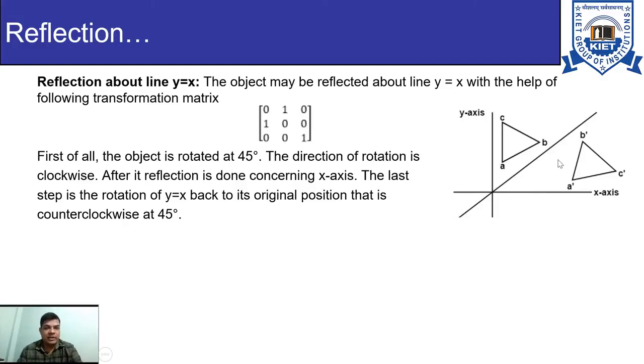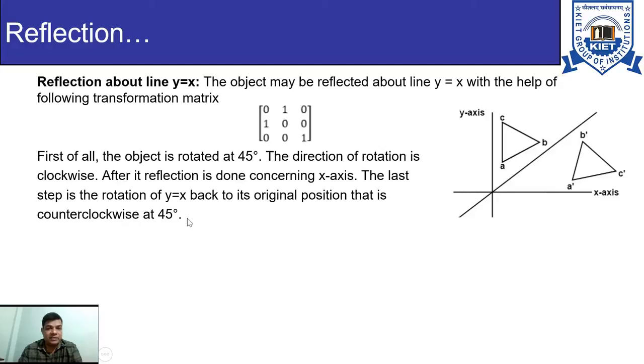Whenever you reflect any object about this line, you use the transformation matrix 0 1 0, 1 0 0, and 0 0 1. First, the object is rotated by 45 degrees, in the clockwise direction. After that, reflection is done about the x-axis. The last step is rotating the line y equals x back to the original position, counterclockwise by 45 degrees.